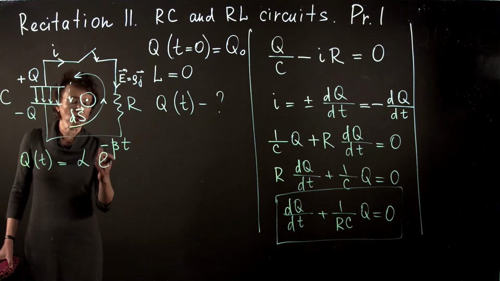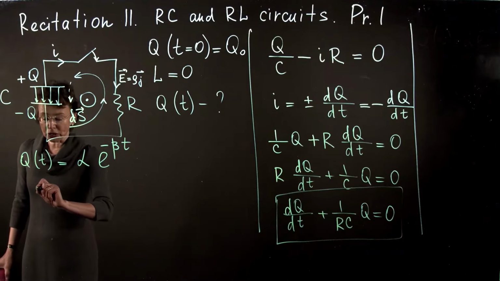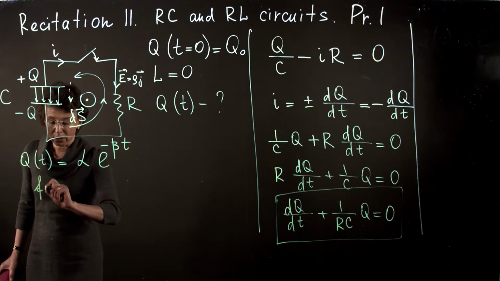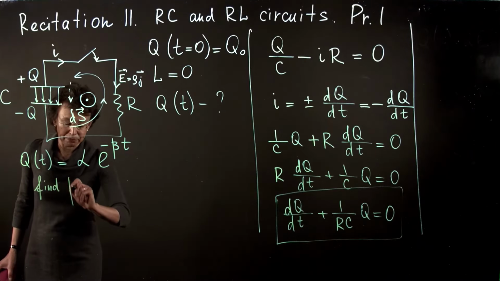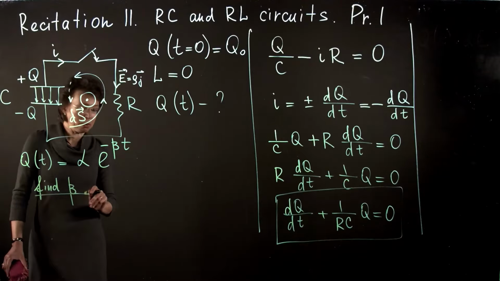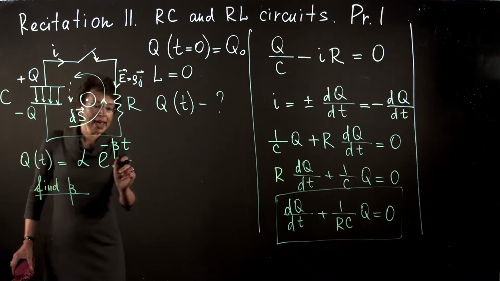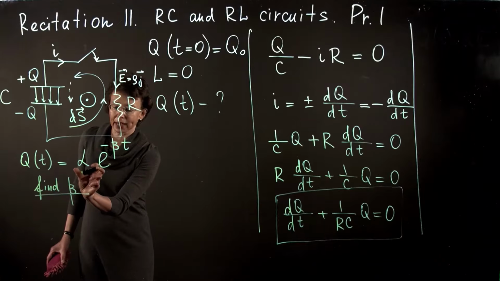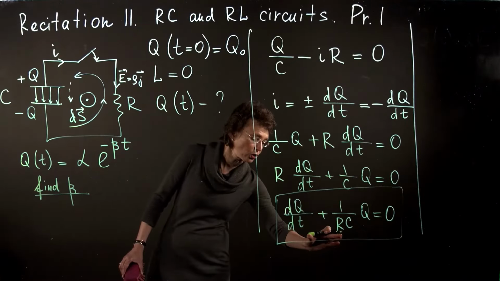So now I need to find alpha and beta. First, we will find beta. To find beta, I take my guess and bring it into my equation.